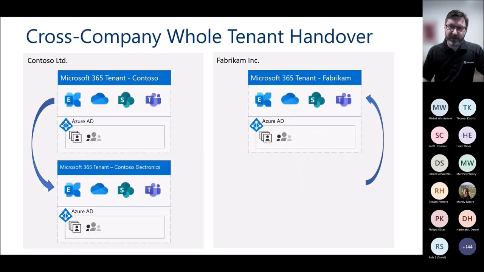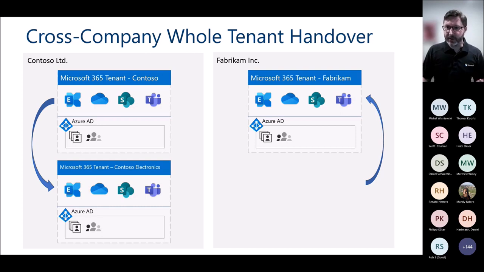The second business scenario, which anecdotally we've been helping a lot of customers with lately, and which we tend to see more because it gives flexibility in planning, is when Contoso knows ahead of time that it's going to divest its electronics division. So it will spin up a separate tenant for Contoso Electronics and migrate data into that tenant in preparation for a handover.